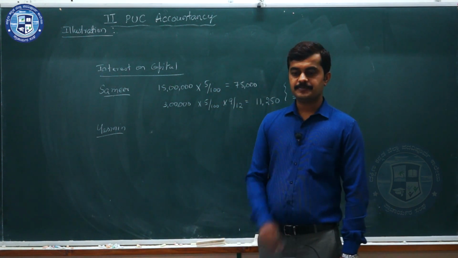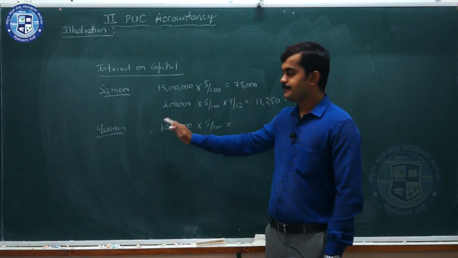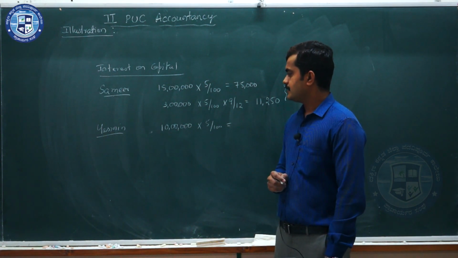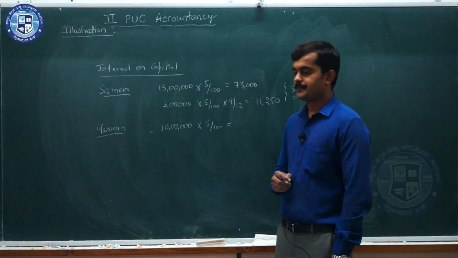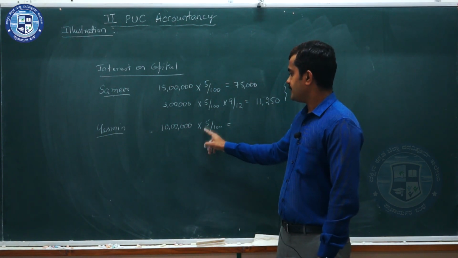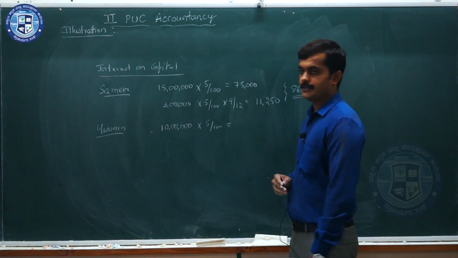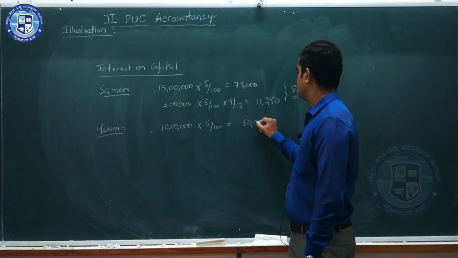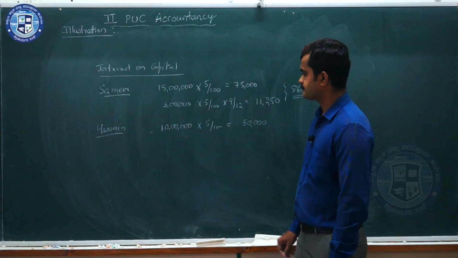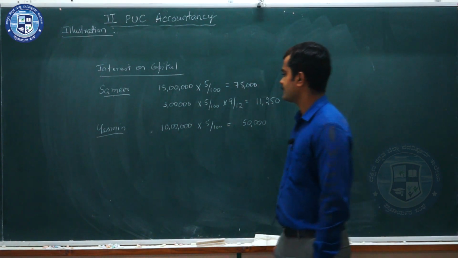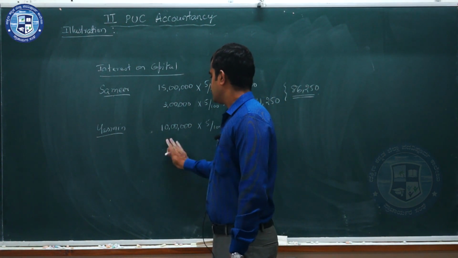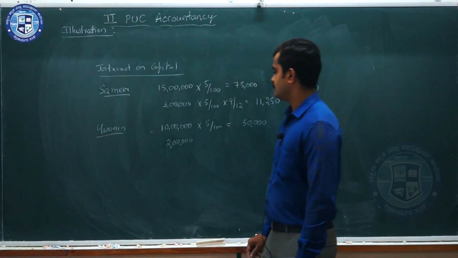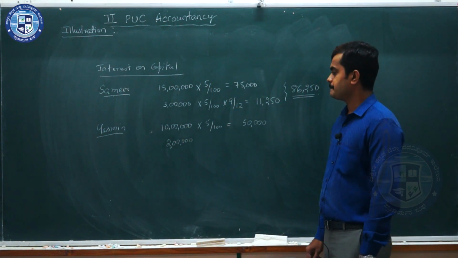Coming to Yasmin's case, Yasmin has 10 lakh capital on the date of opening of that accounting period. On that at 5% for the whole year, interest will be 50,000. And he has contributed 2 lakh as additional capital.